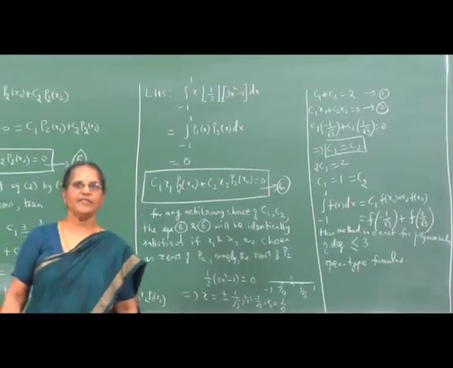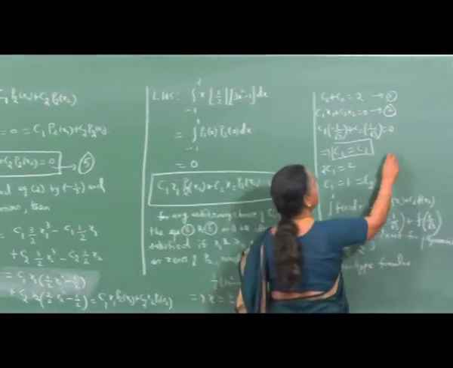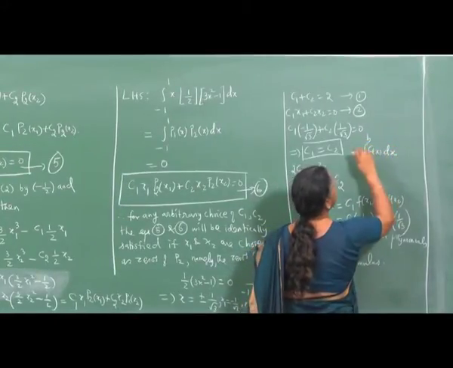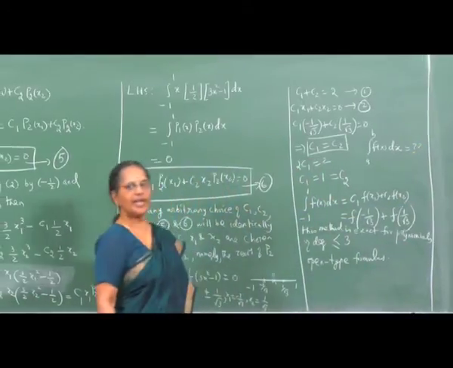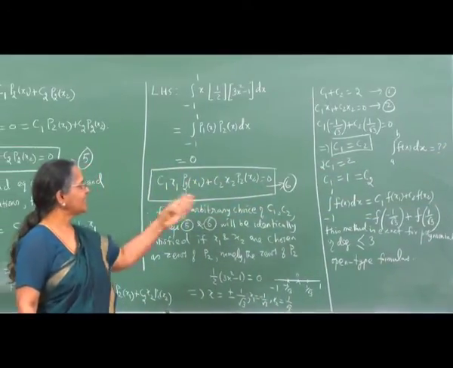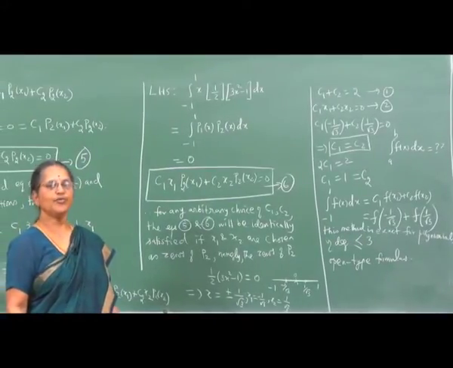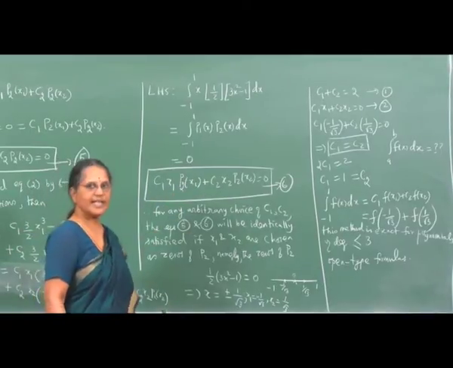So, usually we will be given an integral of the form integral a to b f of x dx, and we will be asked to evaluate this integral. Suppose say we are asked to evaluate such an integral using Gaussian quadrature method, namely use 2-point Gaussian quadrature technique to evaluate this integral.